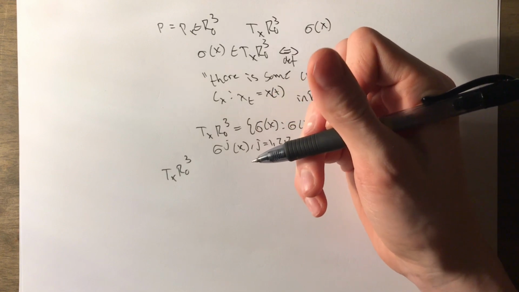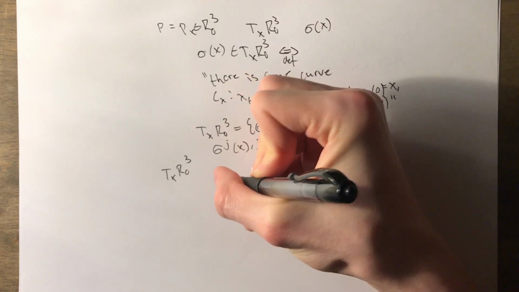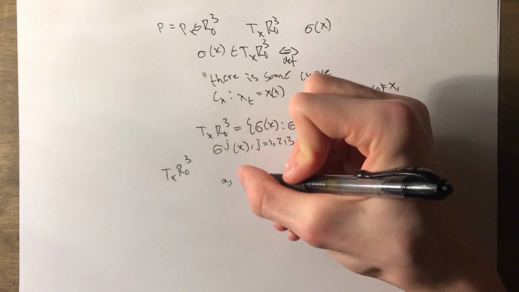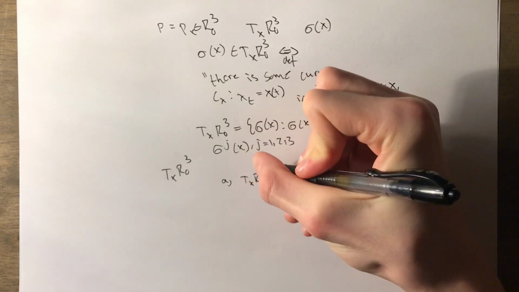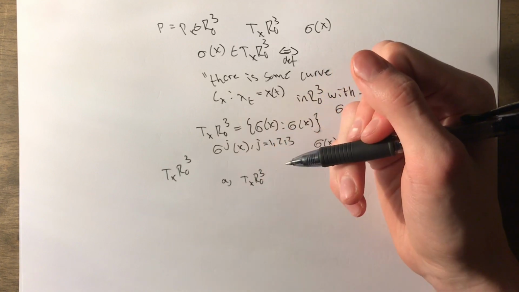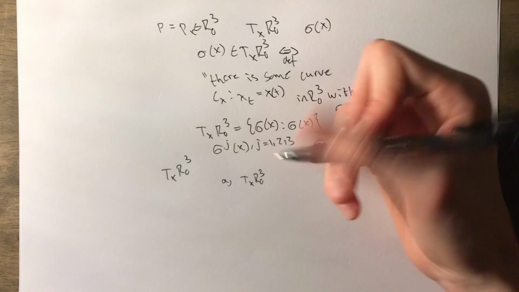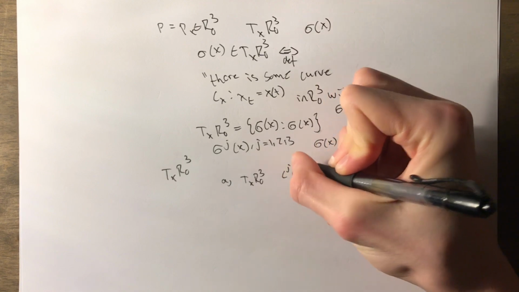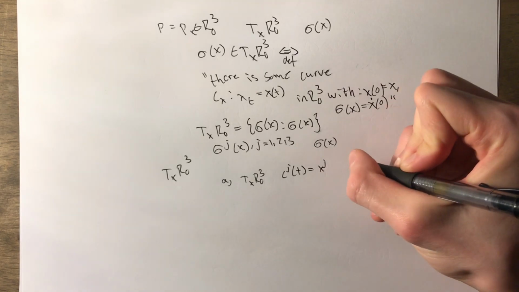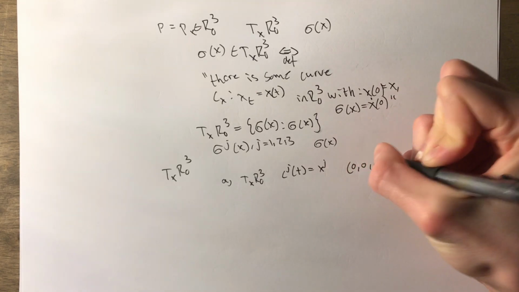I may prove it, so our first step, A, is that any tangent space T_x R^3 contains the zero vector, that is, the tangent vector of the degenerate constant curve C_j of t equals x_j is the zero triple 0, 0, 0.